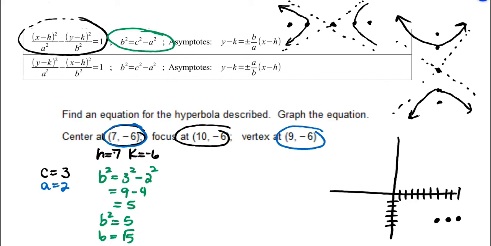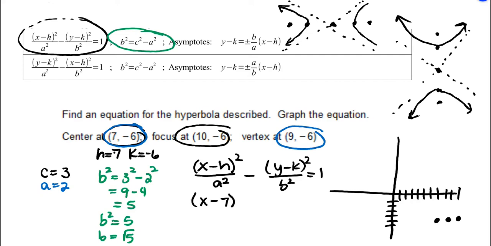Now we have the values of h, k, a, and b, and we'll be able to fill in the template of our equation. (x minus h) squared over a squared minus (y minus k) squared over b squared equals 1. So that's (x minus 7) squared over 2 squared minus (y minus negative 6) squared over the square root of 5 squared equals 1.